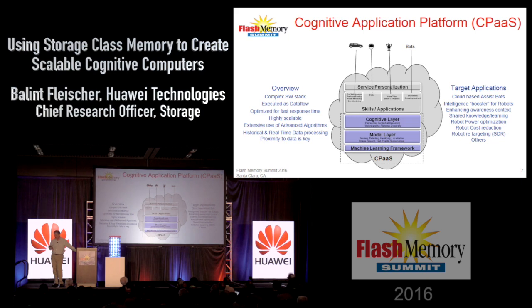So the target applications could be enterprise applications, as I mentioned, or the list of applications we had on the previous slide. But one of the interesting things about having cognitive applications running on the platform, to elaborate on a point I made earlier, is that you have a system which can be expanded. The customer is not buying a closed box with a fixed functionality, like a DVD player.